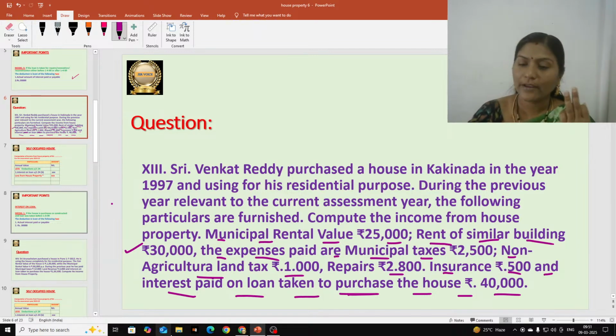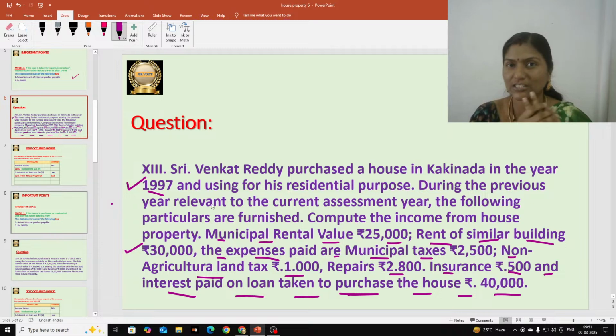Here, he took the loan when he purchased the house in 1997. So the loan was taken during that period only, because he took the loan and purchased the house. Note this point: the loan was taken during 1997.